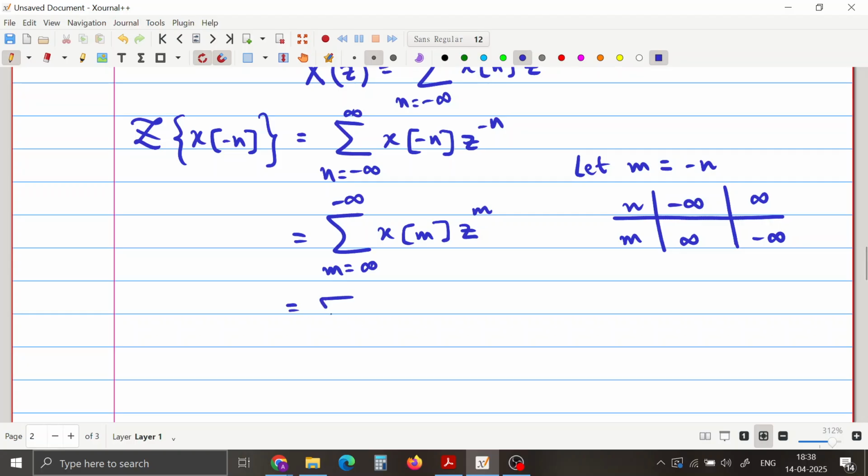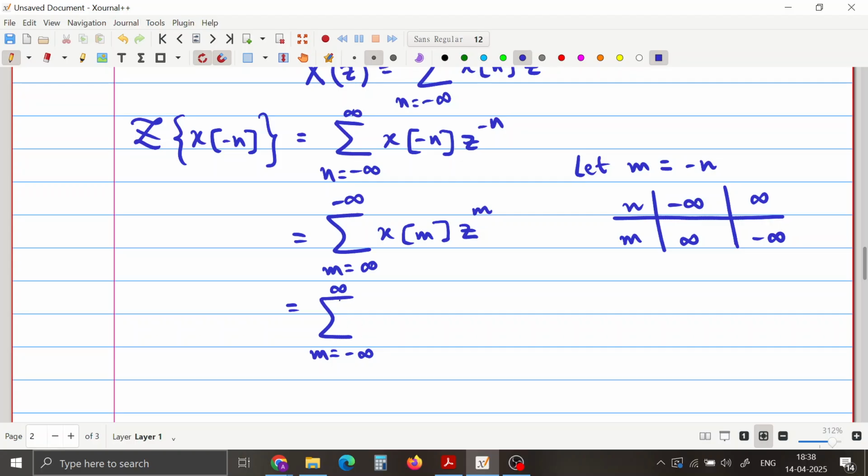Now I can rewrite this. The summation is going from m equals infinity to minus infinity, and I can exchange the upper and lower limits because it won't change the result. It's a discrete sum running all the way from plus infinity to minus infinity, so it doesn't matter whether you go from the positive side to the negative side of infinity or vice versa; both are the same.